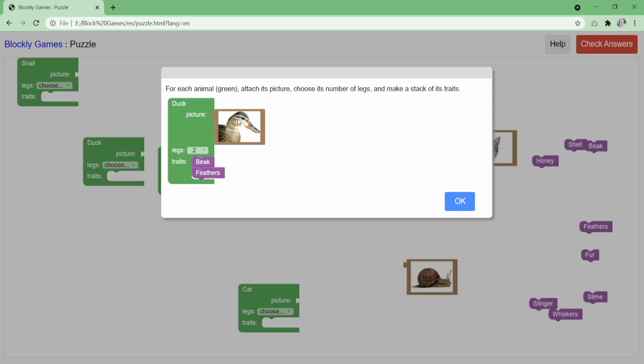For example, we have the animal, then the picture, then the traits. What are the traits of the animal? Okay, let's begin.